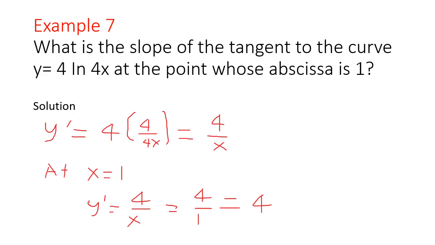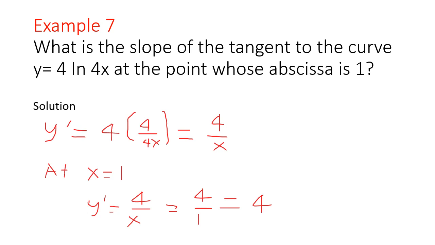What is the slope of the tangent to the curve y equals 4 ln of 4x at the point whose abscissa is 1?